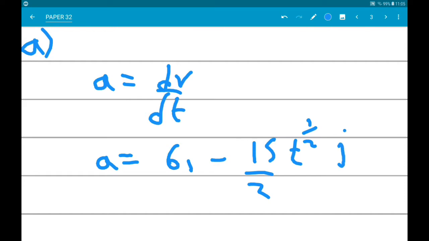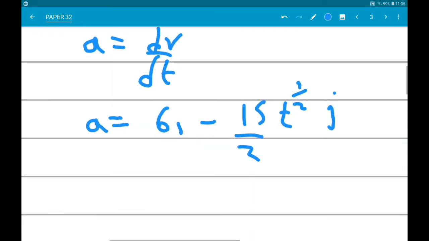So then a, when t is 4, is 6i minus 15 halves times the square root of 4, so minus 15j.